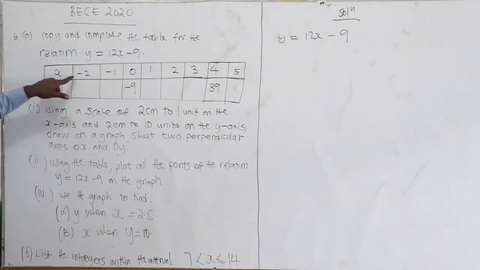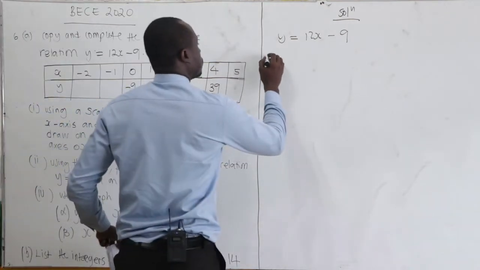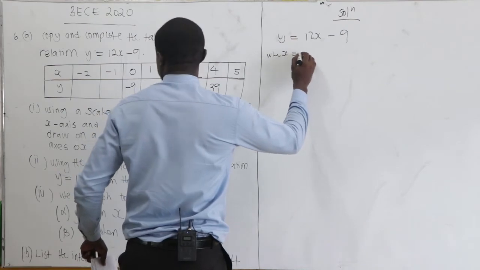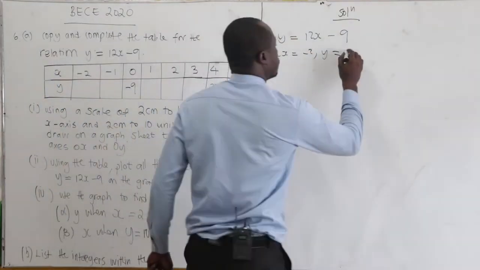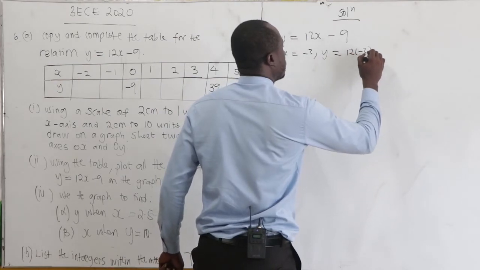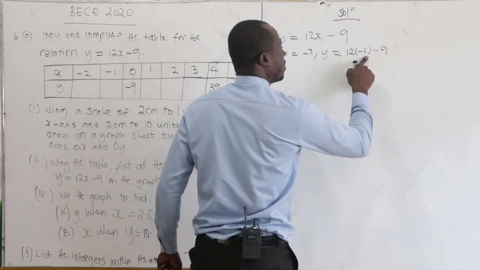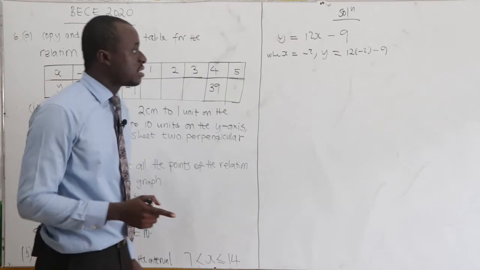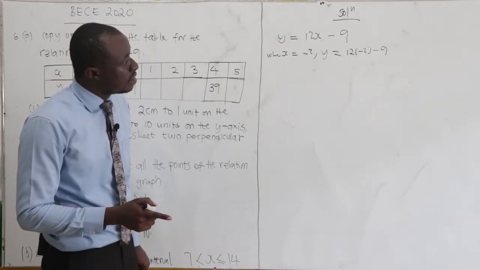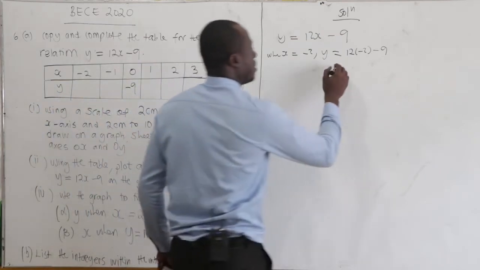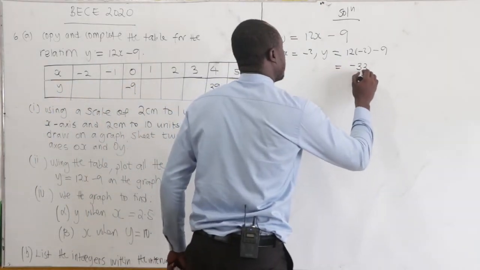So we'll first consider when x is negative 2, what is the corresponding value of y? So when x is negative 2, wherever we see x, we put negative 2 over there. So we have 12 times negative 2 minus 9. 12 times negative 2 is negative 24. Negative 24 minus 9 is just negative 33.